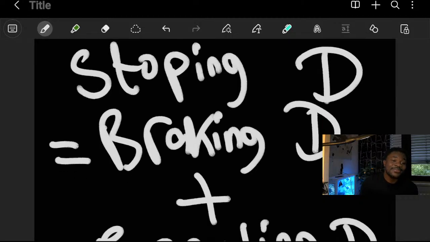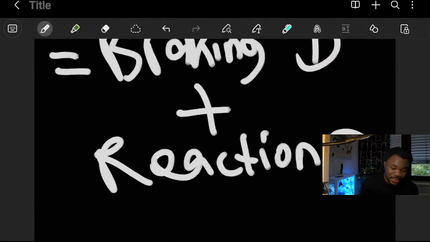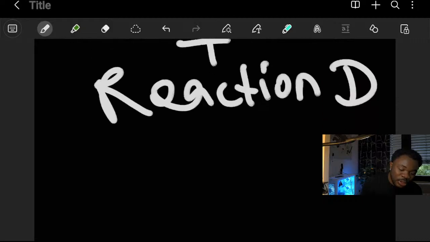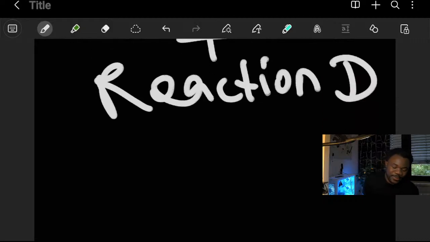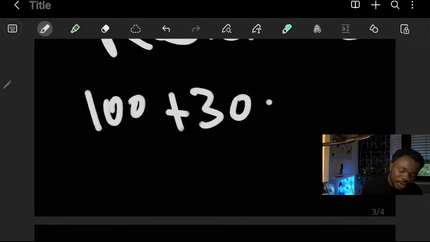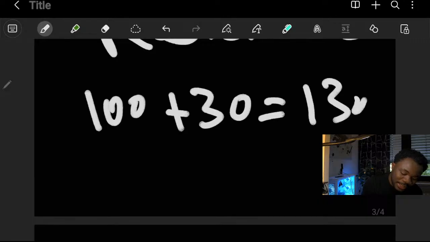Stopping distance is braking distance plus reaction distance. They told us we're traveling with a speed of 100 kilometers per hour, right? So with a speed of 100, our braking distance will be 100 meters. Our reaction distance will be 30. So we take 100 plus 30, which gives us 130 meters.